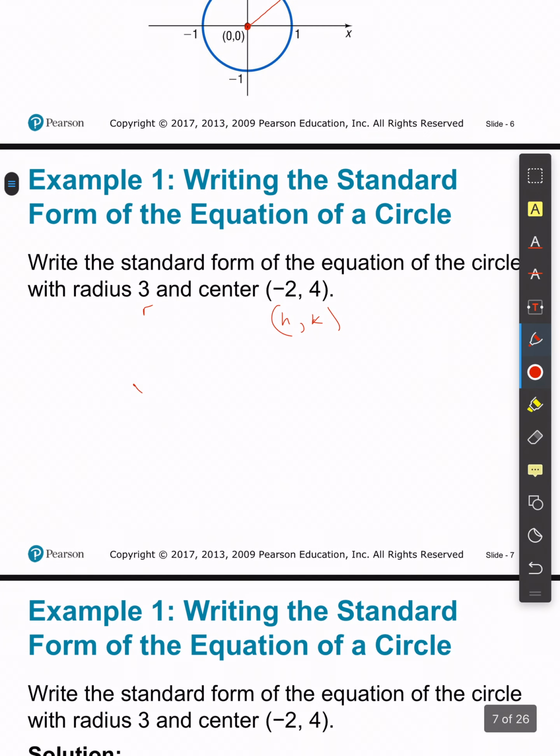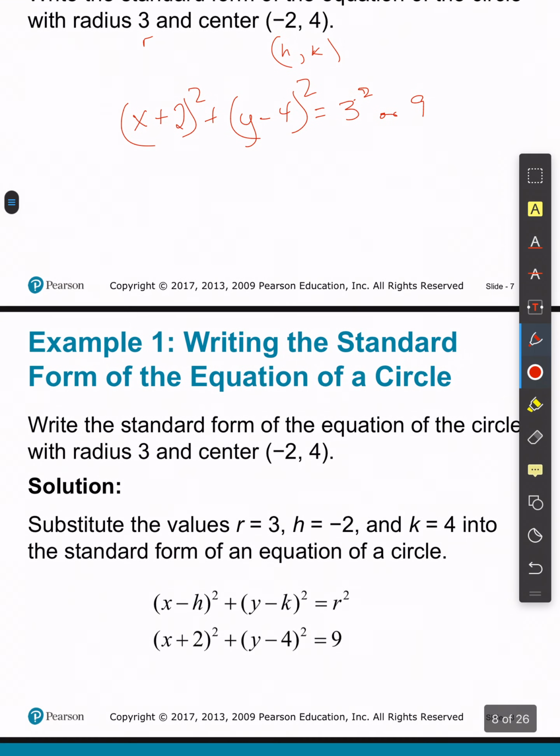If we did x minus h squared, notice what happens. We have x minus a negative there, so it turns to positive. So it's going to be x plus 2 squared plus y minus 4 squared is equal to 3 squared, which we could write as 9.